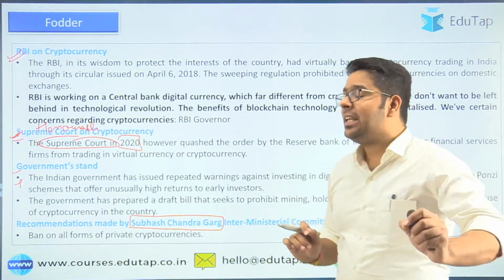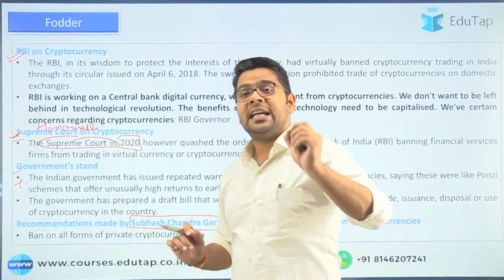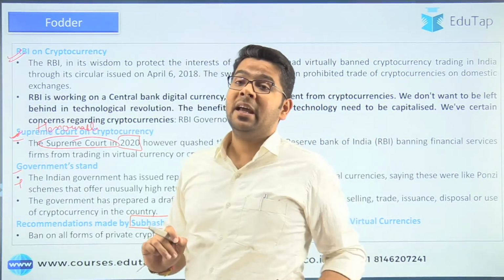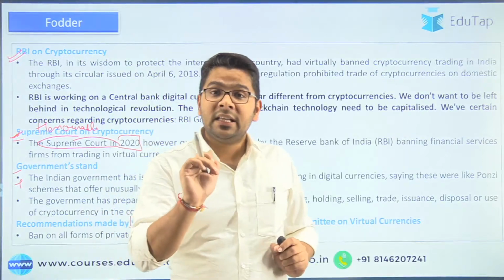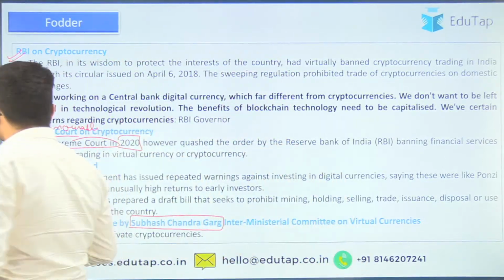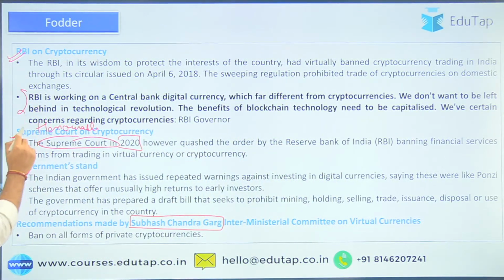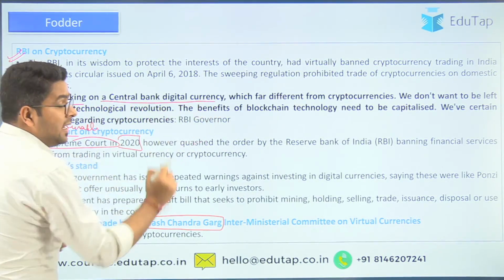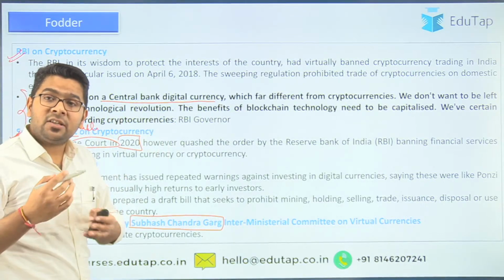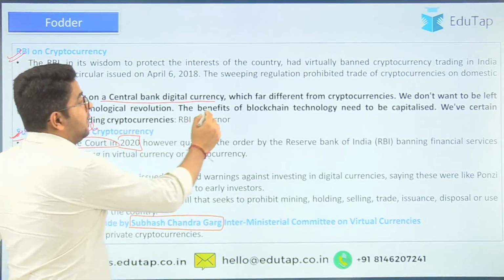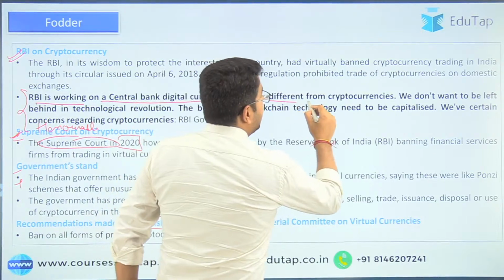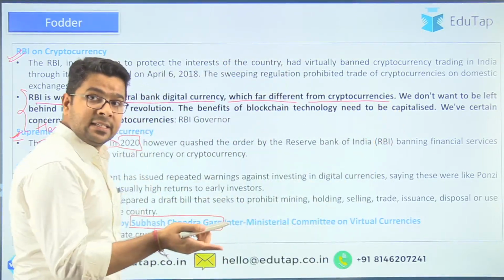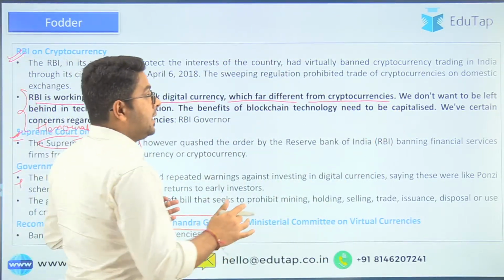So guys, recently the RBI governor has given a very beautiful statement that can be used in the answer, and the statement is something like this: RBI is working on a central bank digital currency. RBI is already working on this, which is far different from the cryptocurrencies which are already in the market.